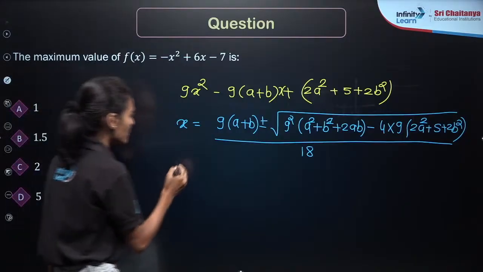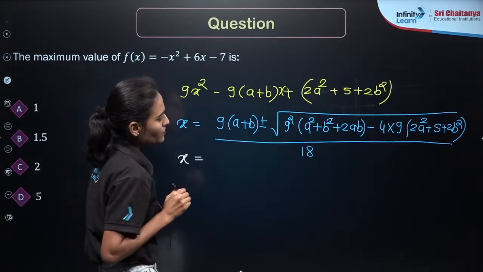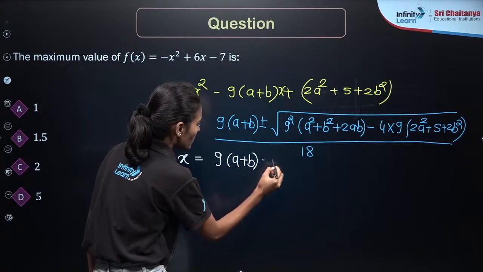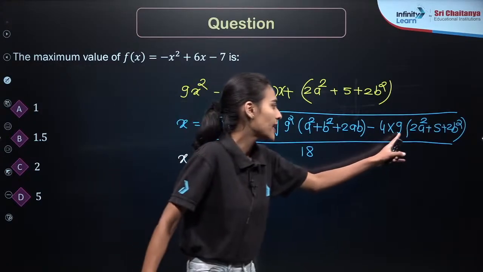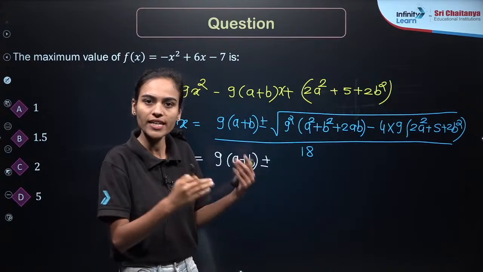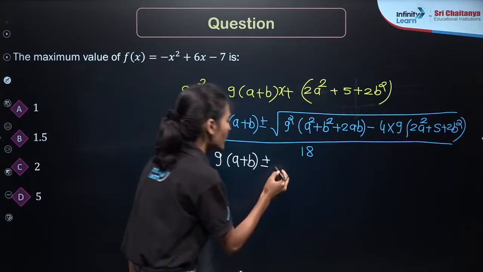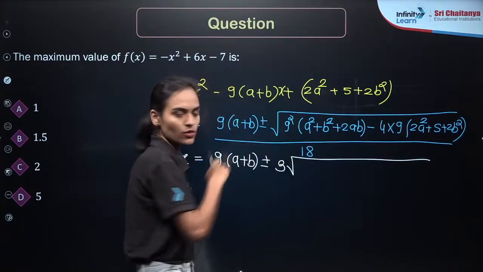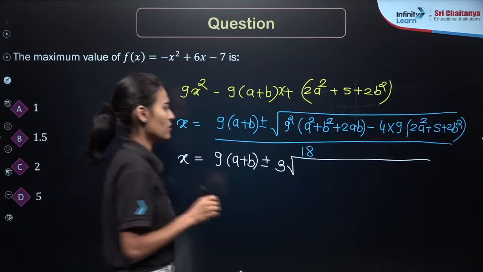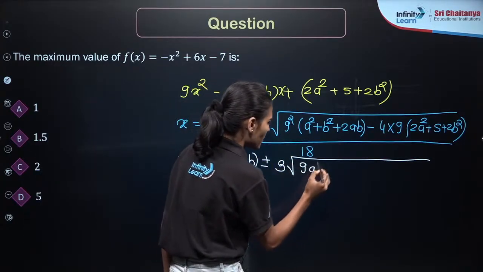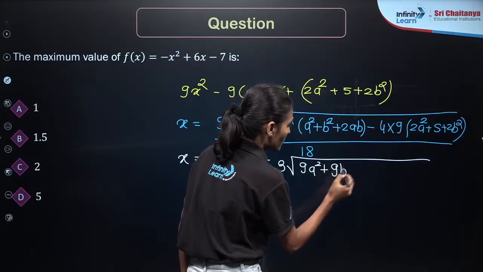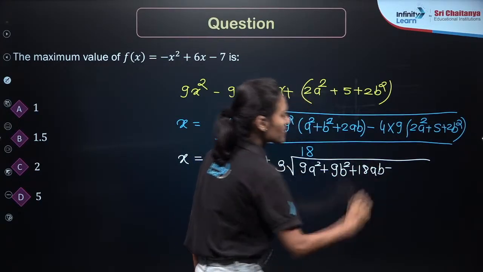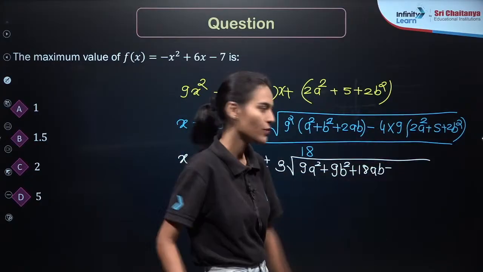So you are getting x is equal to 9 times (a plus b) plus or minus. Now see here 9 is common, right? If you take 9 out of the root, it will become 3. Under root you have, here one 9 is gone, so one 9 is remaining. So this will be 9a square plus 9b square plus 18ab minus, now see 9 is gone, so multiply with 4.